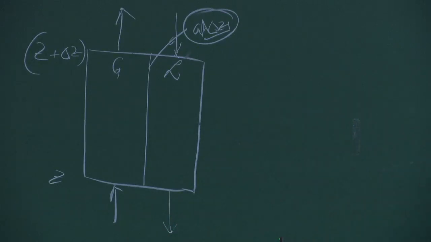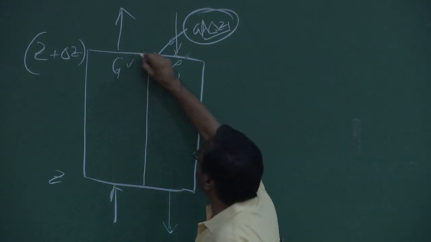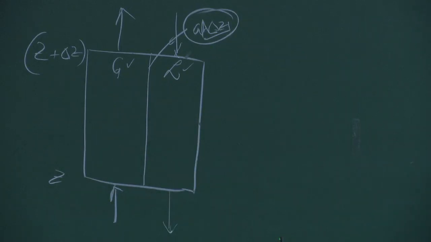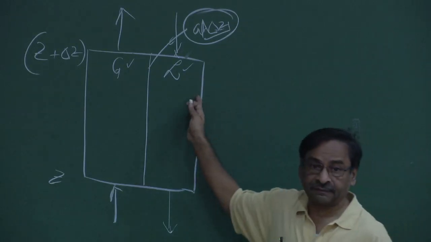So, the equation corresponding to total solute present in this volume A delta Z takes into account this and this together. These two compartments are taken together as the two phases present in this volume A delta Z, where the gas is losing solute and liquid is gaining solute. When you do that, you get the operating line.